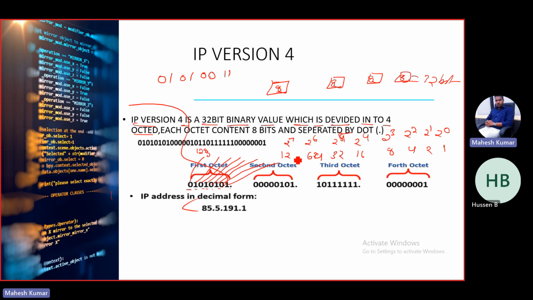If you add 128 plus 64 plus 32 plus 16 plus 8 plus 4 plus 2 plus 1, the total value is 255.